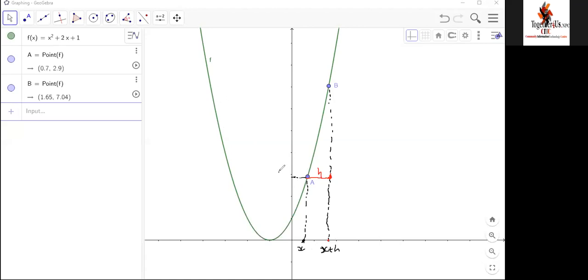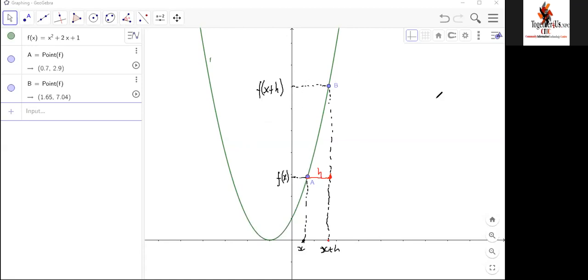So the y value, I hope you agree with me, should be f of x, right? At this point, then, the y value depends on the coordinate x plus h. So the y value here should be f of x plus h. All right. So we're going to generalize here. Now we're going to find a general formula.